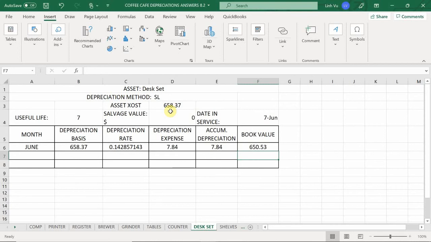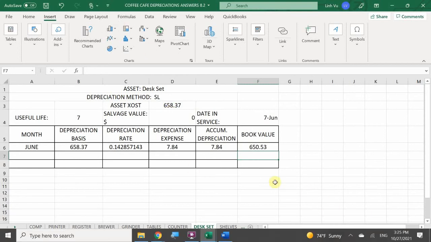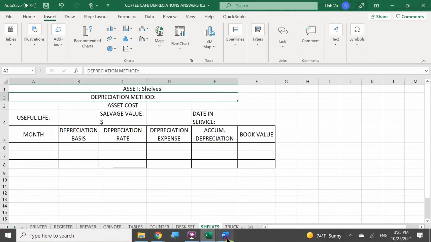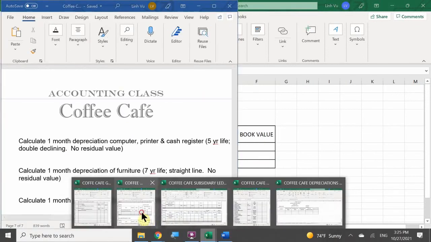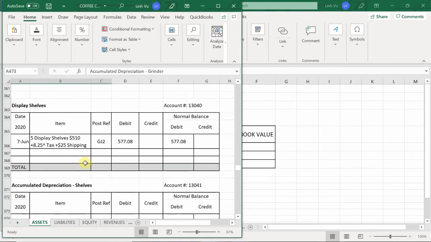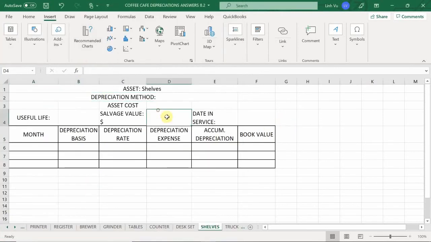Okay, last but not least, we have to do the display shelves. How much is the display? 577.08. And it is, oh, I forgot, June 7.